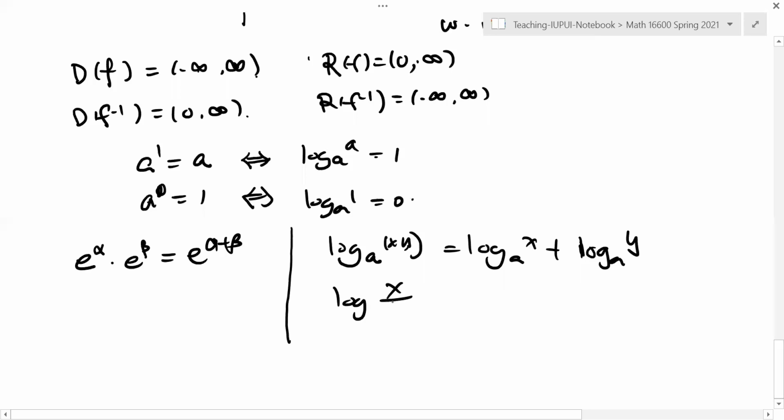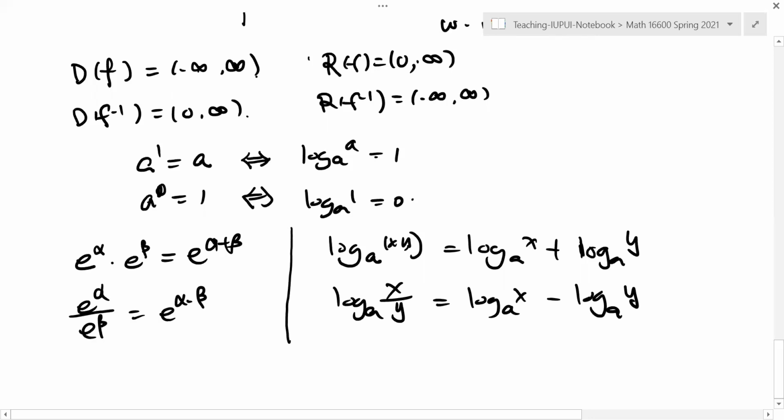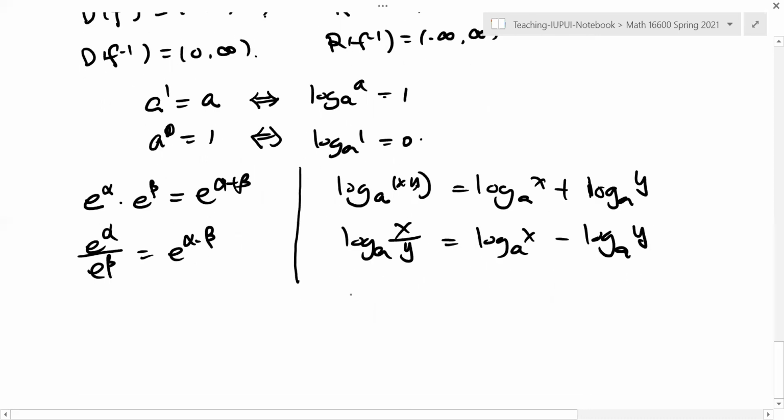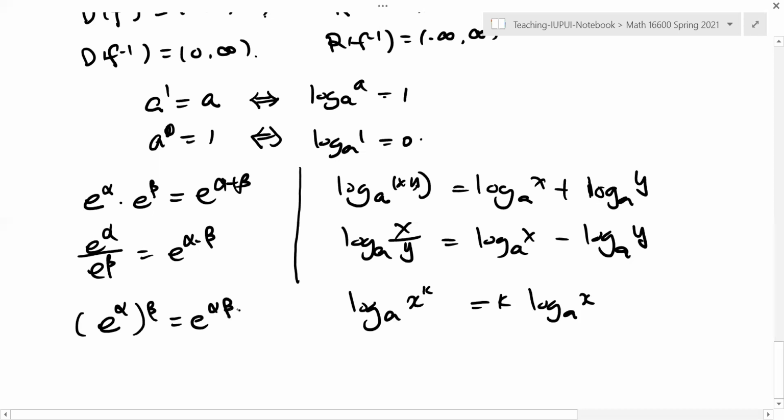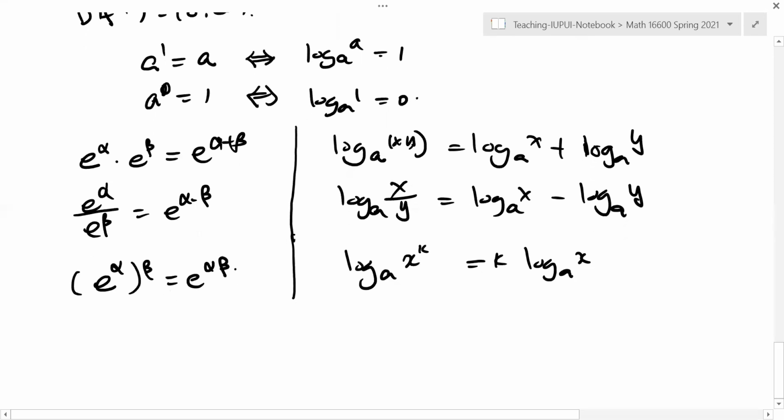Then you have this. The corresponding formula here: e to the alpha over e to the beta is going to be e to the alpha minus beta. Then you have a to the x to the power k, and the corresponding formula here. So those are the formulas we should know about the log function and the exponential function.